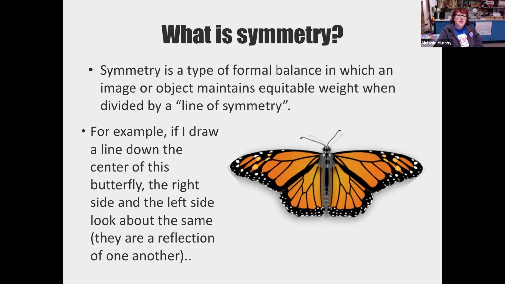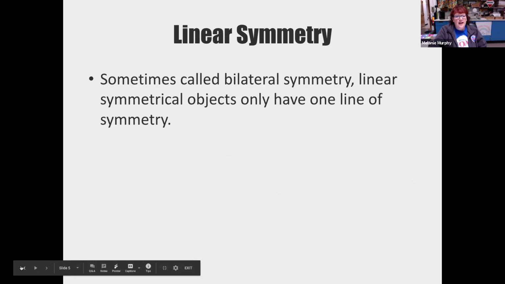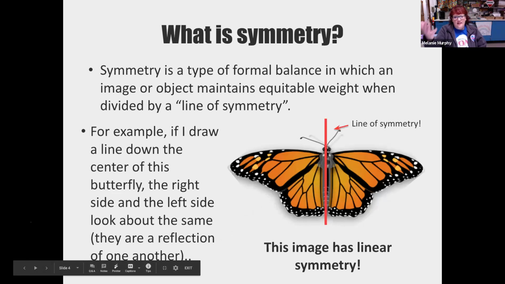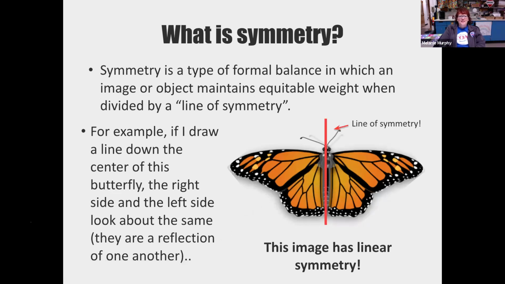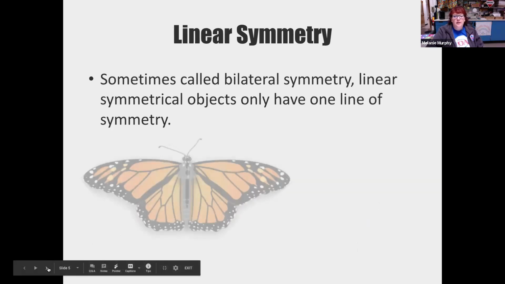But they're roughly the same. So if you draw a line down the center of this butterfly, the right side and the left side look about the same. They are a reflection of one another, and that's called linear symmetry.